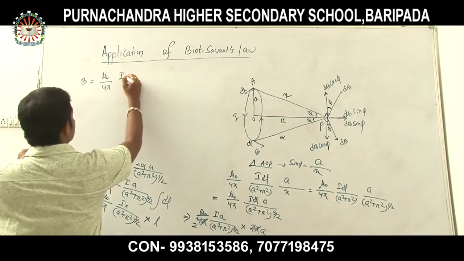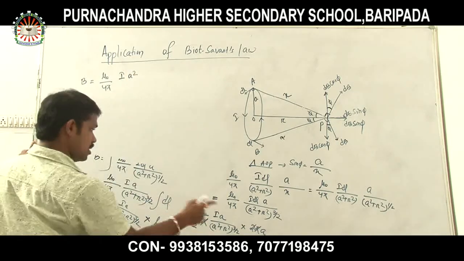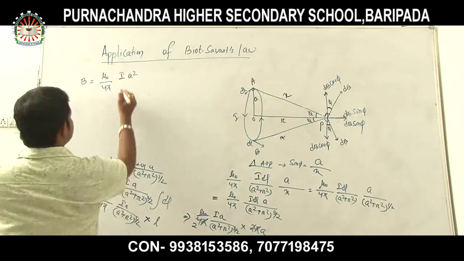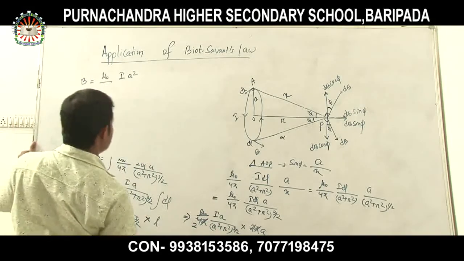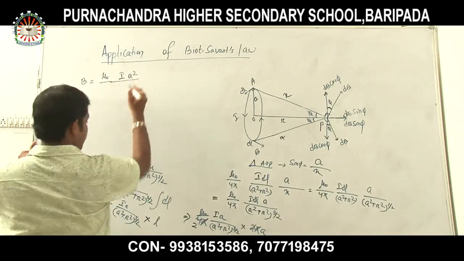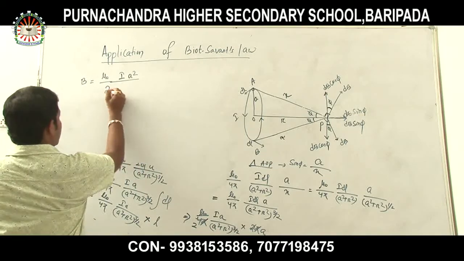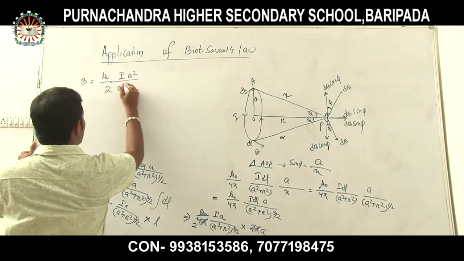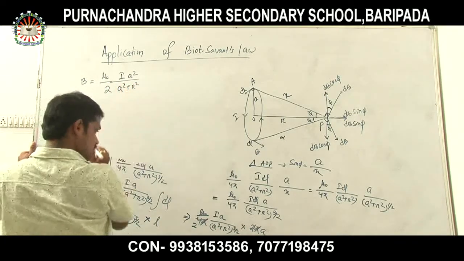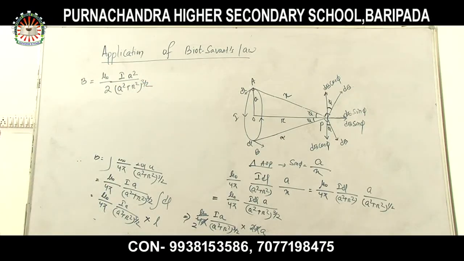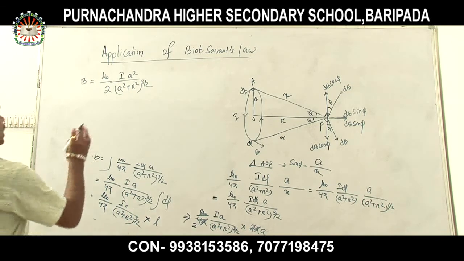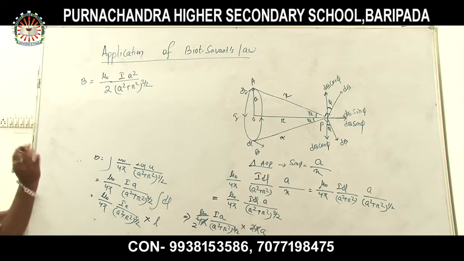So that is mu 0 I a square divided by 2 (a square plus r square) to the power 3 by 2. Understood? So this is my magnetic field expression.